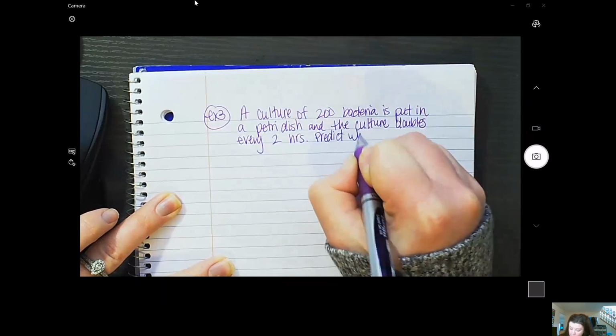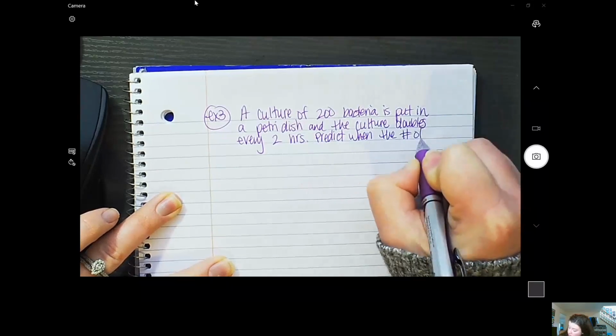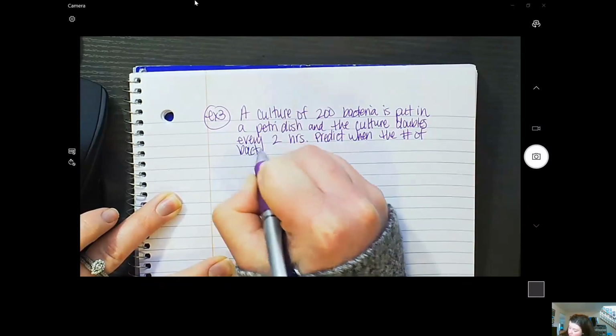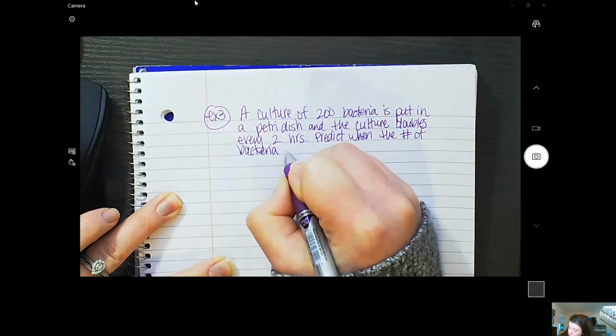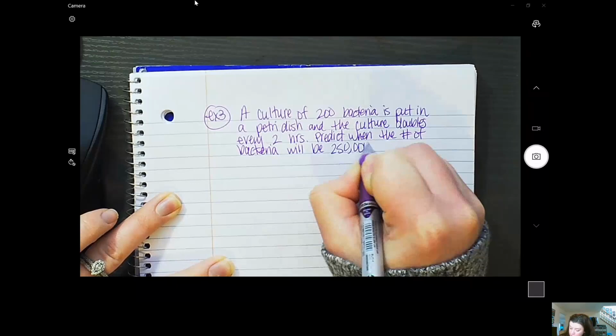Predict when the number of bacteria will be 250,000.